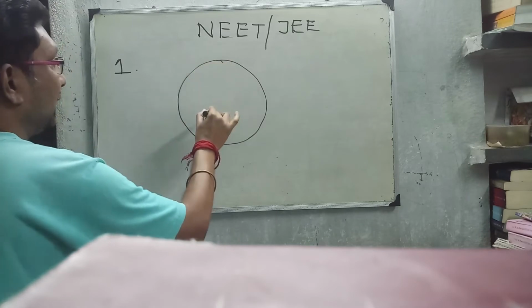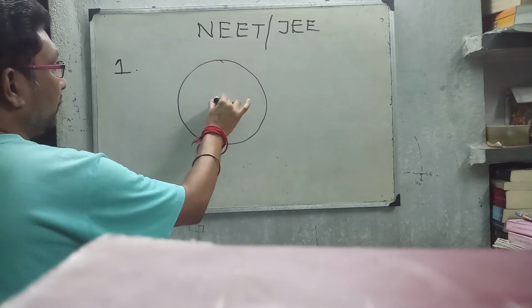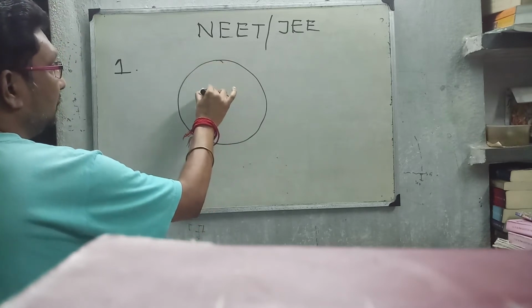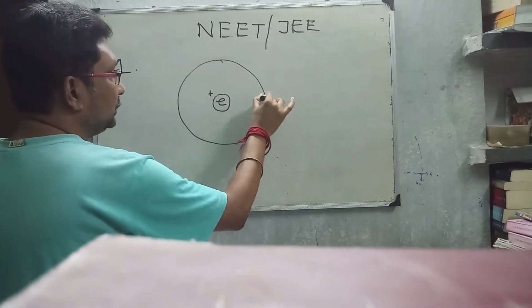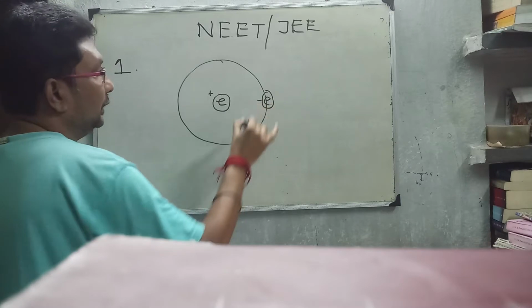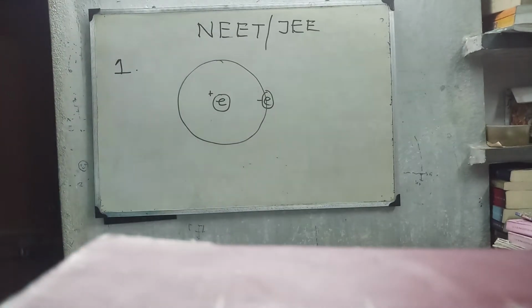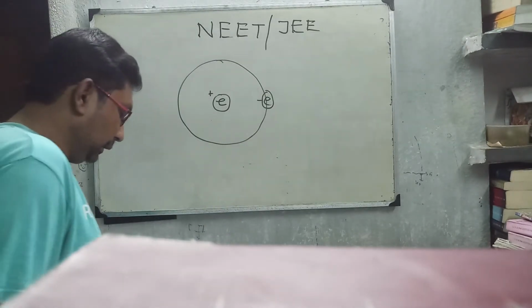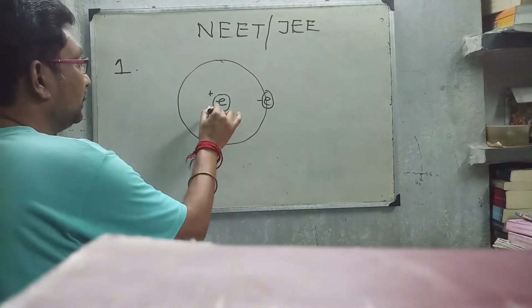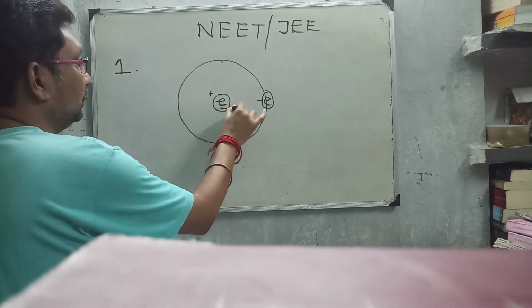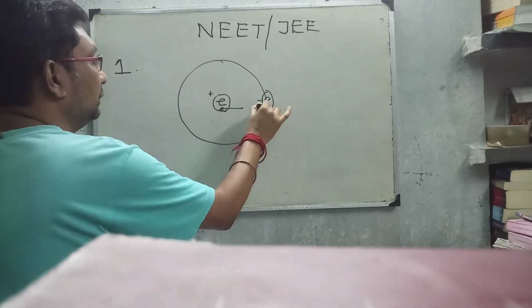This is a hydrogen atom, that is only one proton of positive charge, plus e. An electron, negative charge, minus e, revolves around the orbit. The distance of the circular orbit, from here to here, is r.